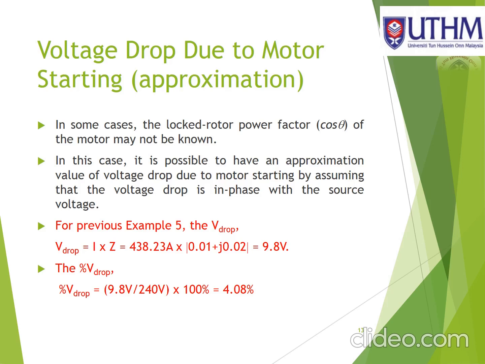For the previous example, V drop is equal to I times Z system, which is given in the question as 9.8. The percentage of voltage drop is V drop divided by V system times 100%, which is equal to 4.08.